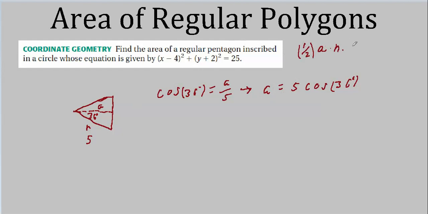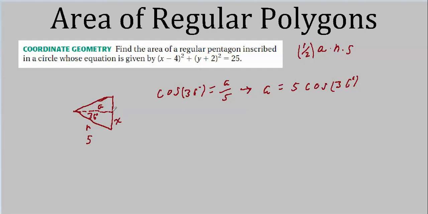S, well, what would S be here? Well, again, we have a right triangle, and we just figured out A, and we know R. So this side here, this little piece, which is half of S, don't forget that, we're going to find this, and I guess we'll just call it X, because that's what we're looking for here.